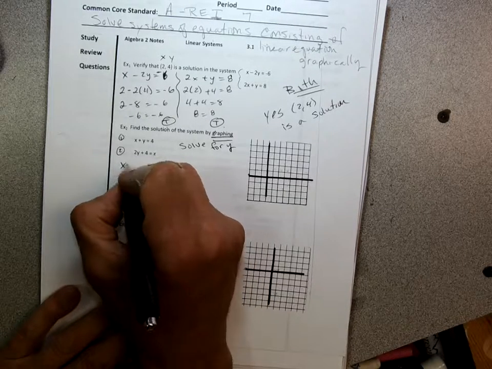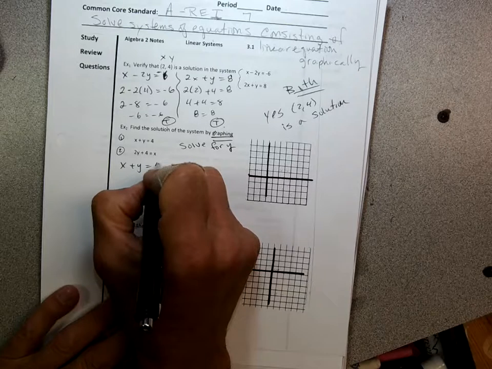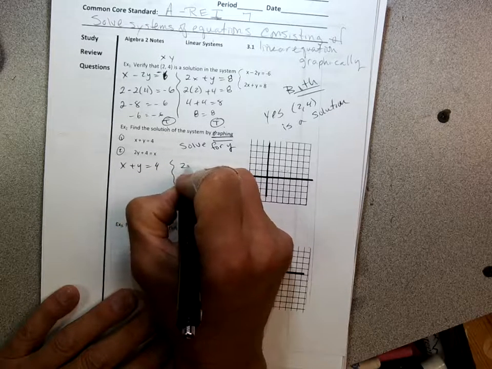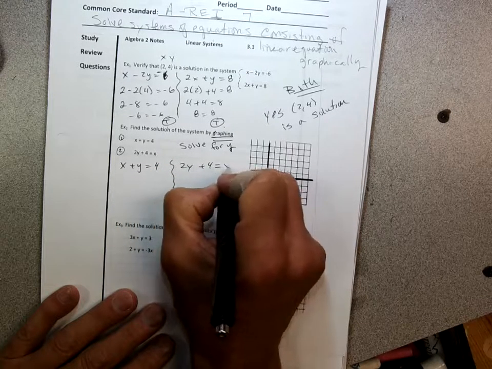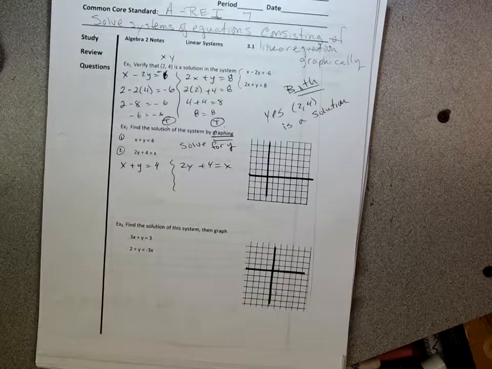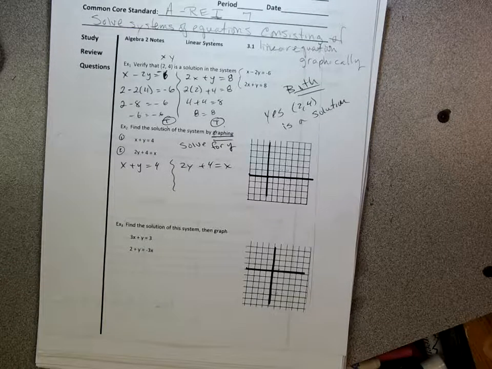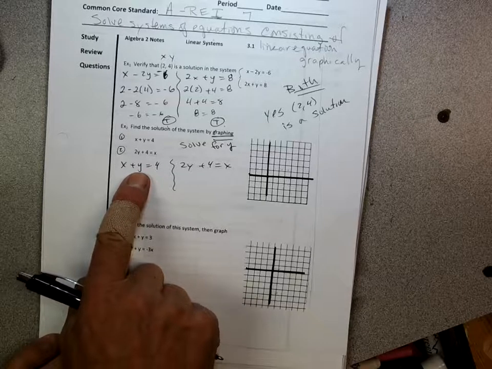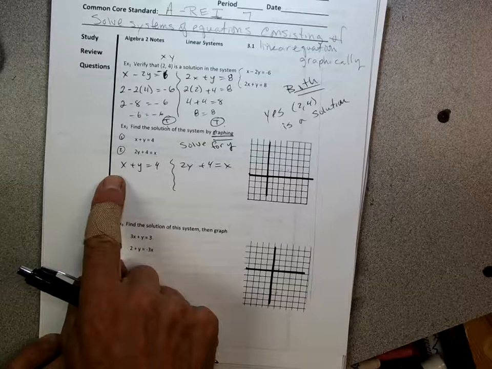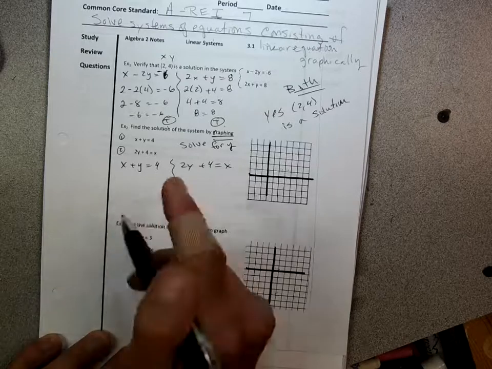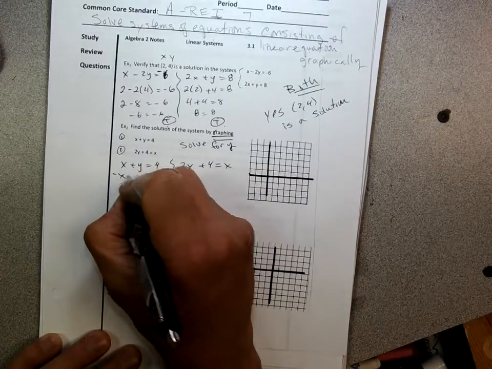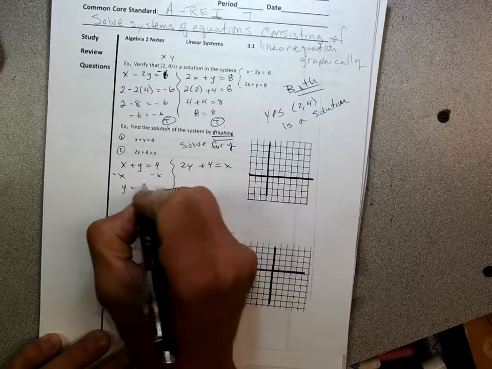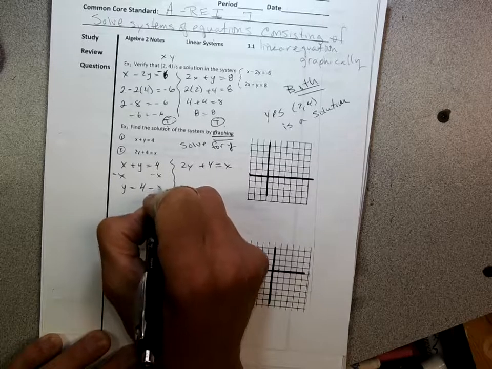I've got x plus y equals 4, and I'll have 2y plus 4 equals x. So if I have to solve for y to graph it, on the first equation, equation 1, I'm just going to go minus x, right? So put minus x, and I get y equals 4 minus x, okay?